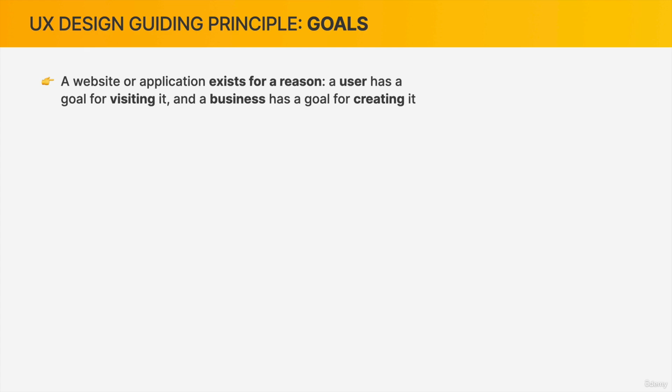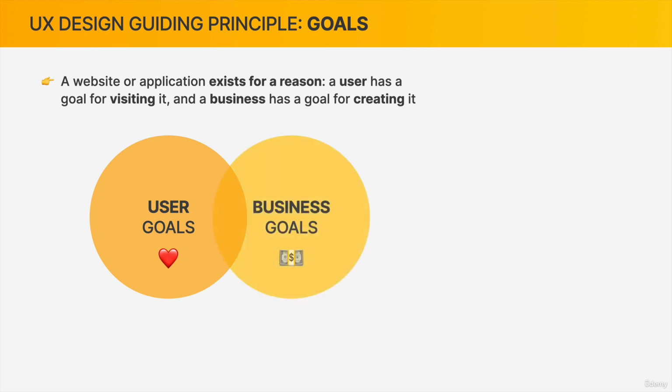Because if neither the user or the business would have a certain goal, then there wouldn't be the need for that page to actually exist in the first place, right? And usually the goal of the user is to simply use a certain product, to find some information, or to buy some product. While many times the goal of the business is to sell something, no matter if it's an actual product or simply selling advertisements.